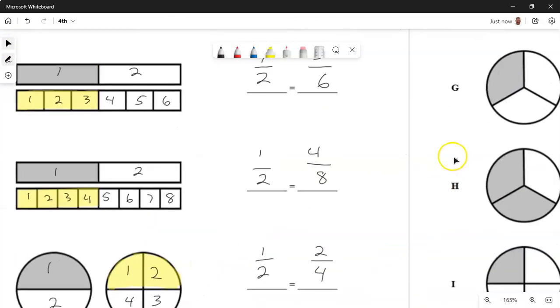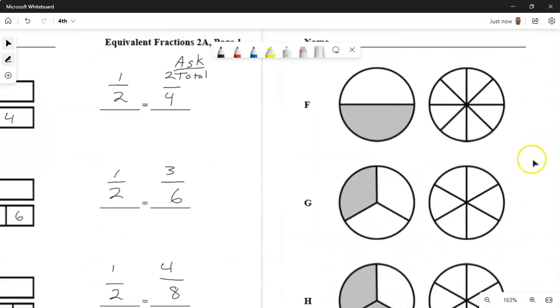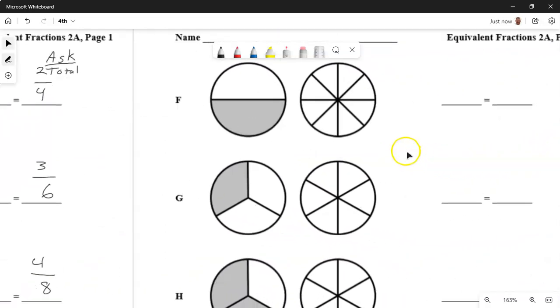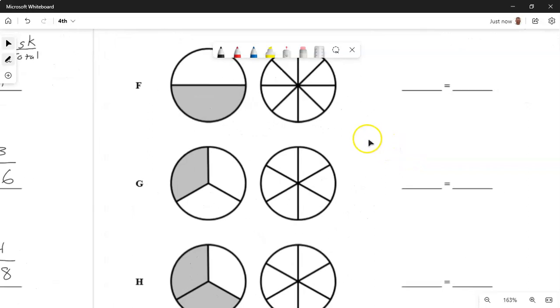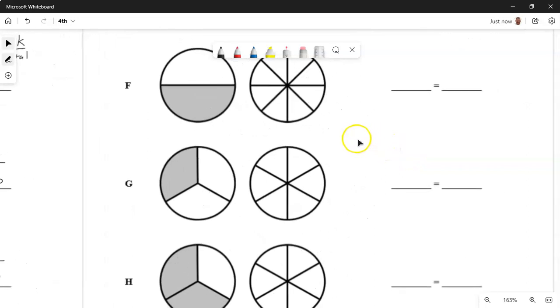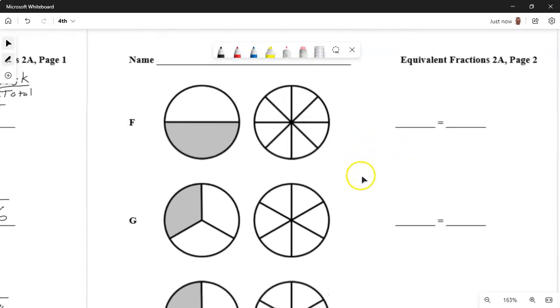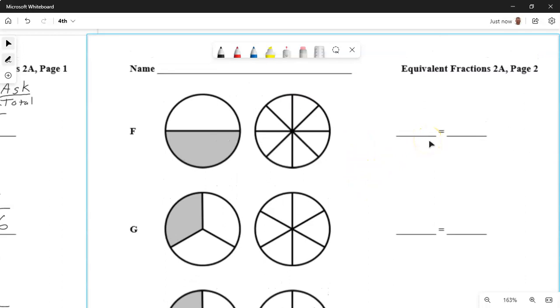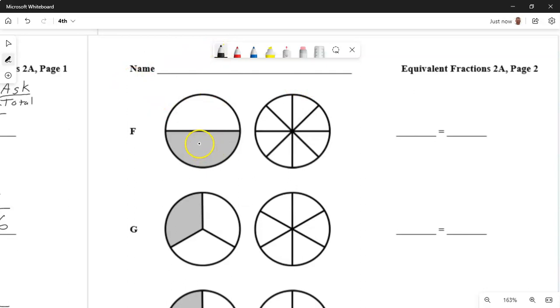You're looking at F. We'll just look at F and G first. So F, I can see that one part is shaded out of 2 total parts. That's still 1/2.